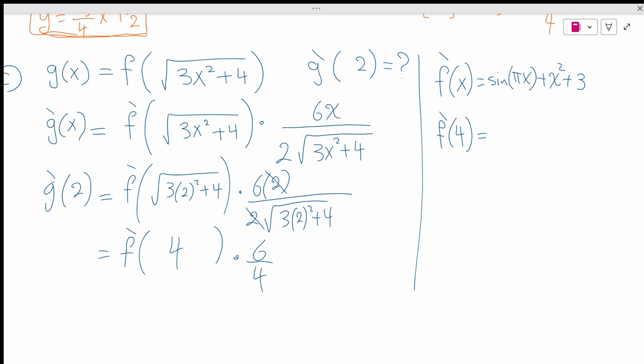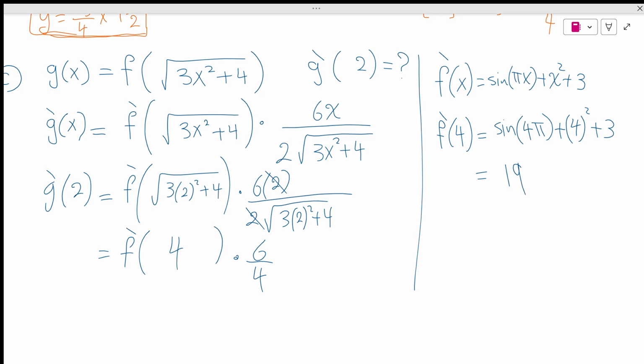sine of 4 pi plus 4 squared plus 3, and this is going to be sine of 4 pi is 0, 4 squared is 16, plus 3 is 19.